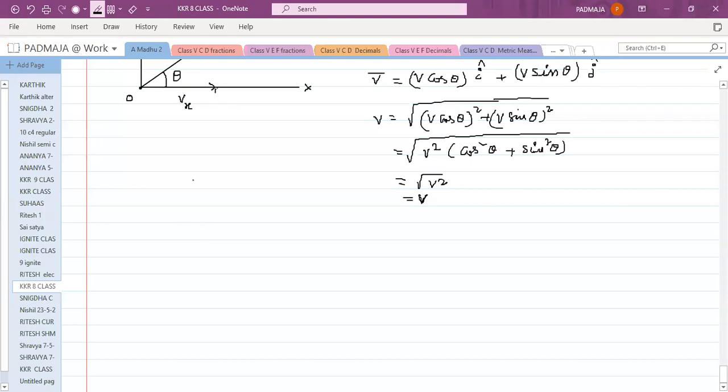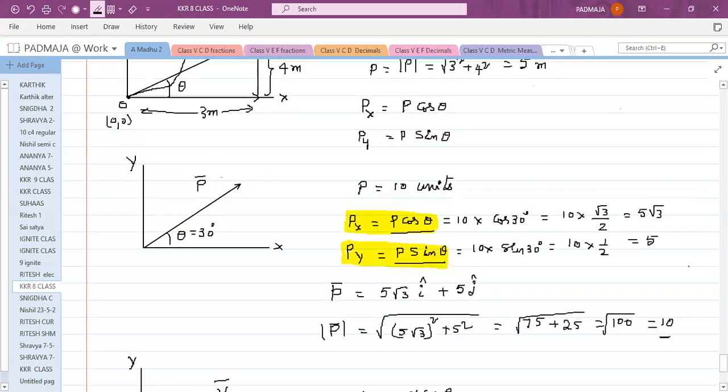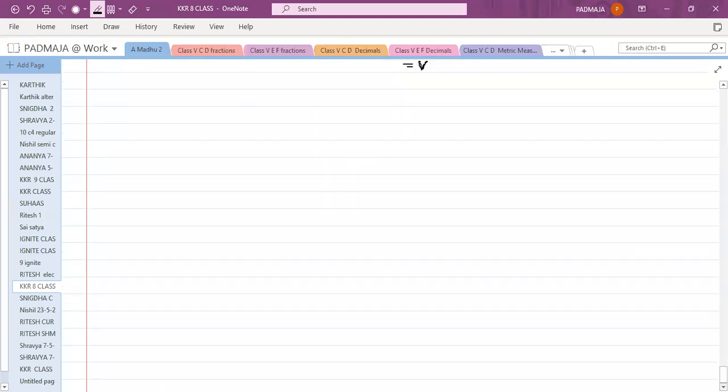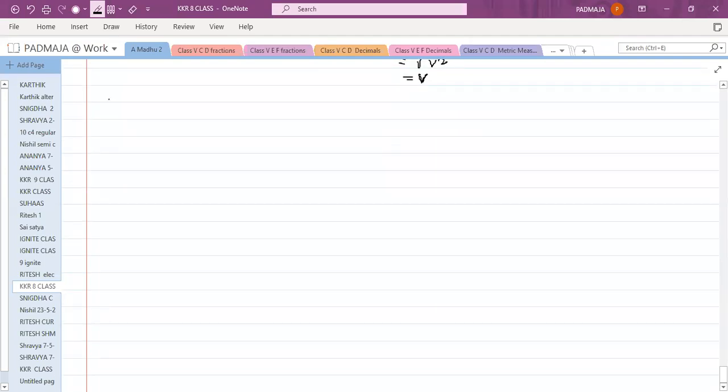Now, let us suppose this particle is moving with some acceleration also, in x direction or in y direction, along with the velocity. The particle has acceleration also. Then what we do, we split it into two directions. One is x direction, and another one is y direction.